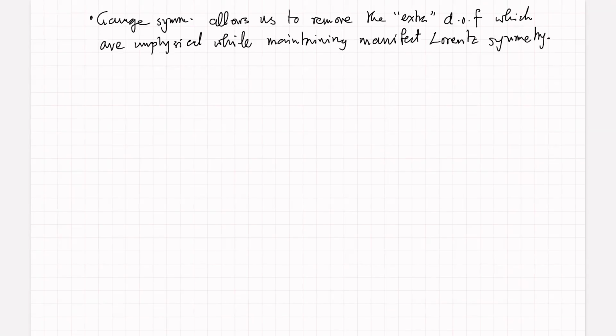There is a second reason why gauge symmetry has to be there, which we will elaborate on in lecture 3, but I will just mention it now: this gauge symmetry also allows us to find the matter coupling. We don't want to just do free Maxwell theory.